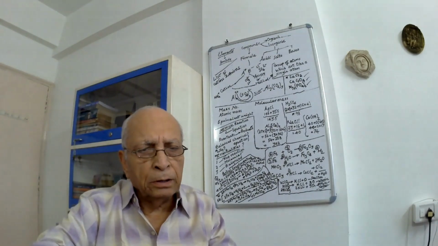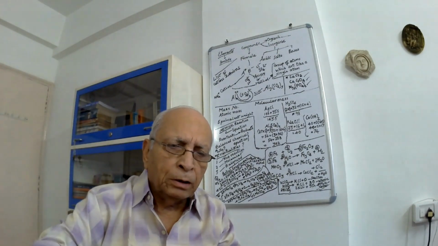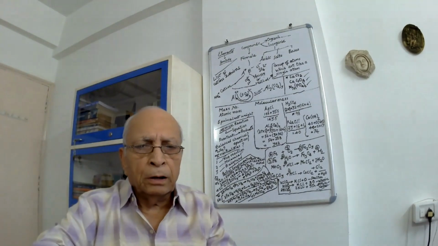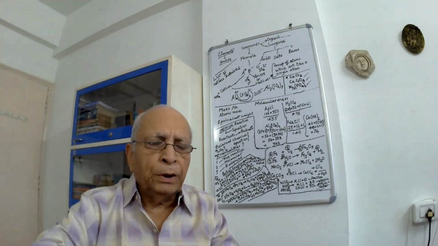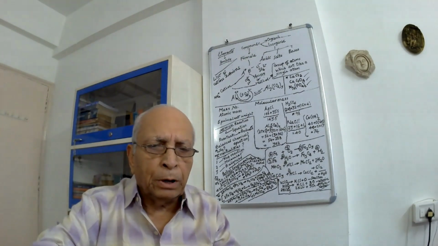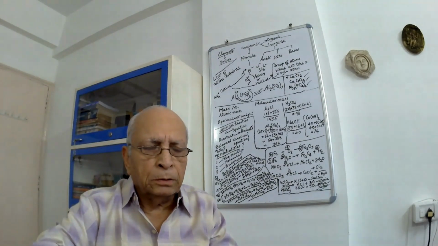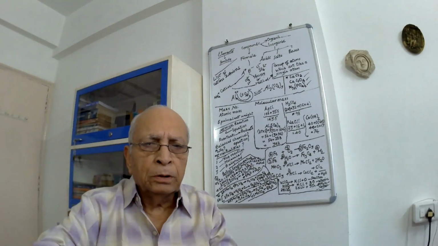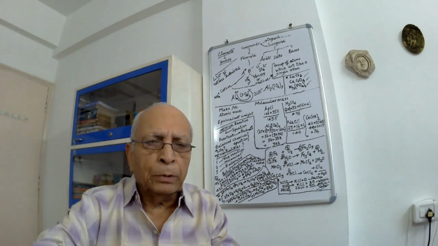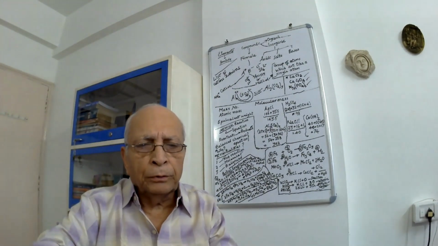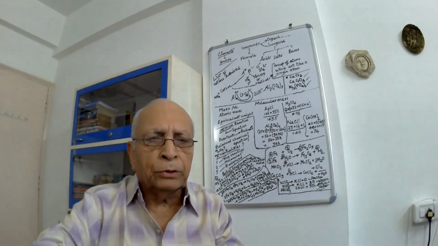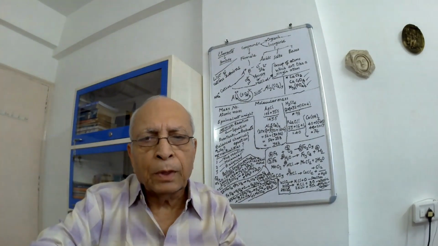Sulfur is S, selenium is Se. So we find that every element can be represented by letters, and these symbols have to be used very frequently by a chemist or by us.